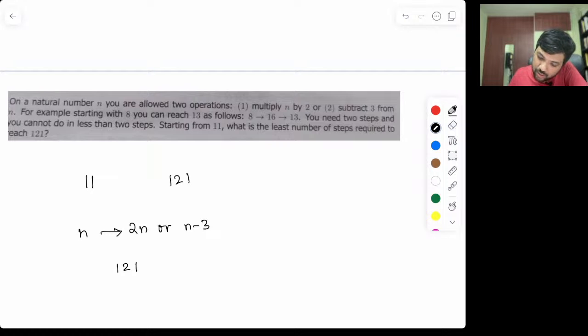At 121 you can't really divide by 2, right? So the reverse steps are dividing by 2 and adding 3. So 124, and that will tell you exactly when to divide, so maybe that will give you the best possibility.